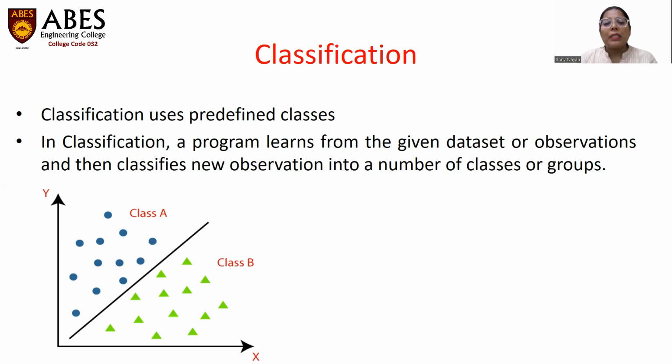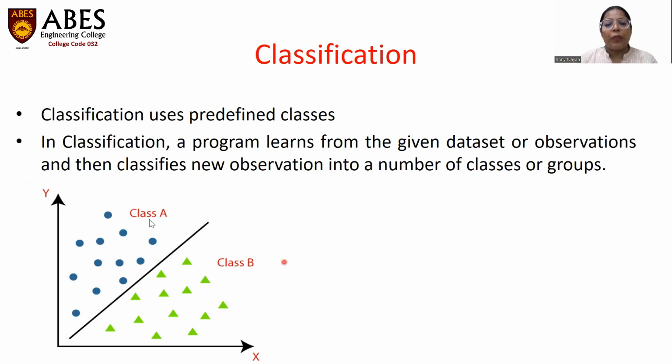So what happens in classification? In classification, we predefine the class previously. So this is the thing you should note, that in classification, we use predefined classes. That means classes have been predefined. You can relate this thing with the given graph.